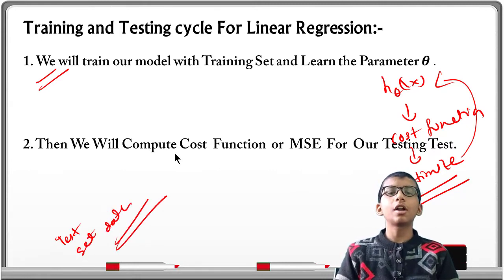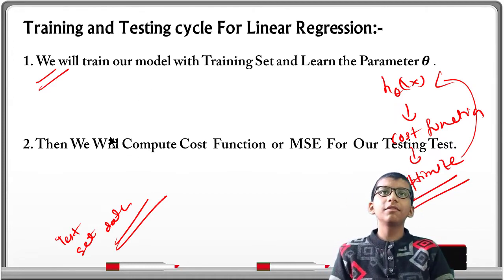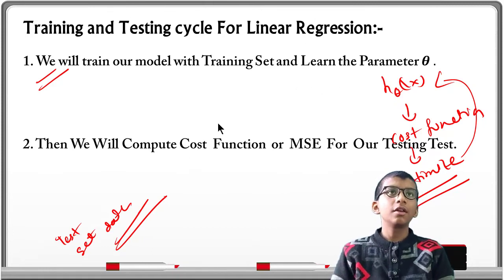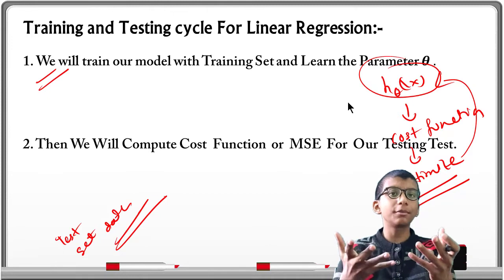Here we will take the parameters we have learned, the good parameters we got by optimizing with gradient descent, and compute the cost function.